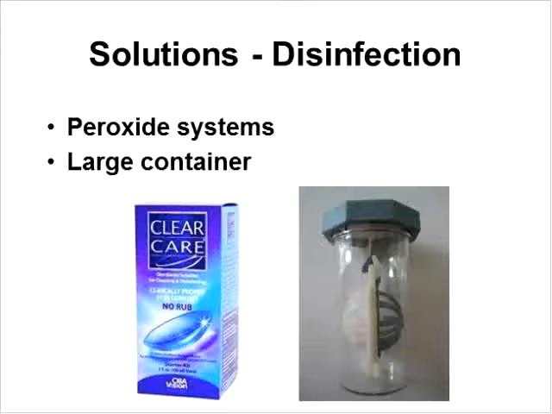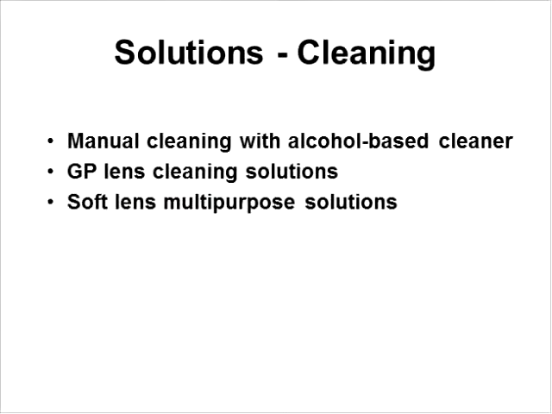For disinfection, peroxide-based systems are sometimes helpful, and this is a large container that can be obtained from the Dry Eye shop online for patients so that the larger than average lens can be used with a peroxide-based system.